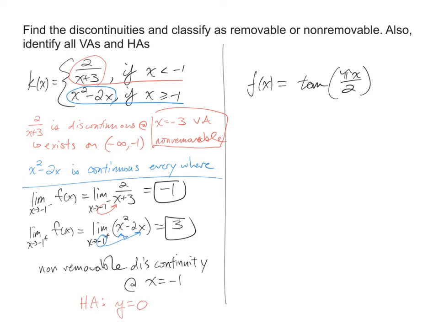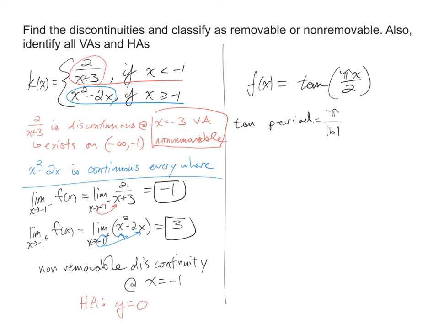In the other function, f of x equals the tangent of pi over 2 x, let the trig loose. Normally, the tangent function has a period of pi. However, the new period is always pi over absolute value of b.